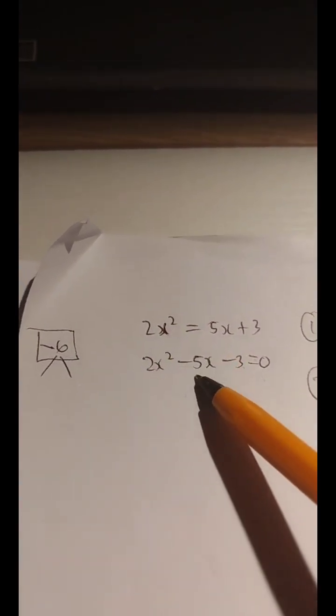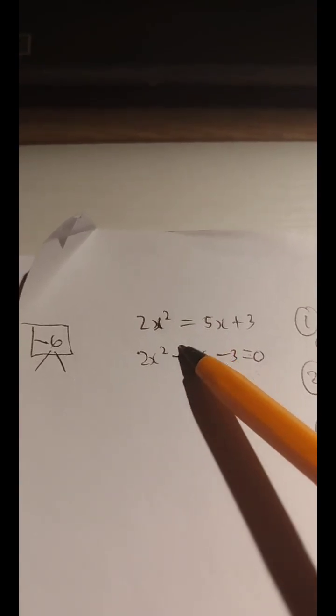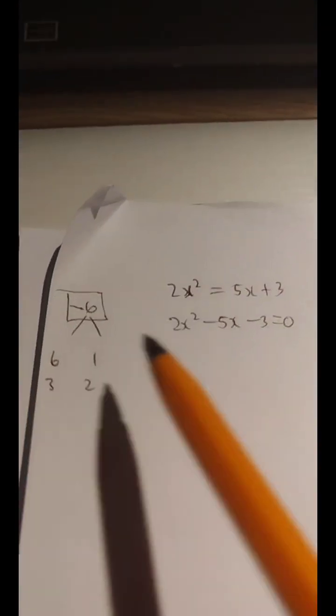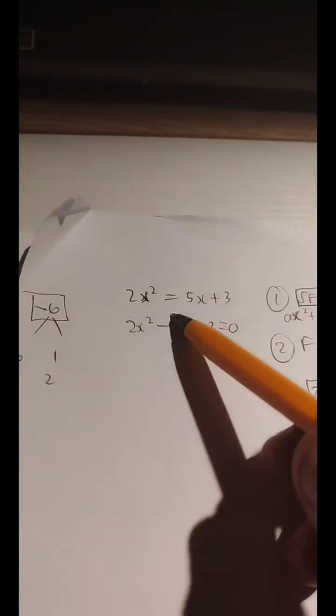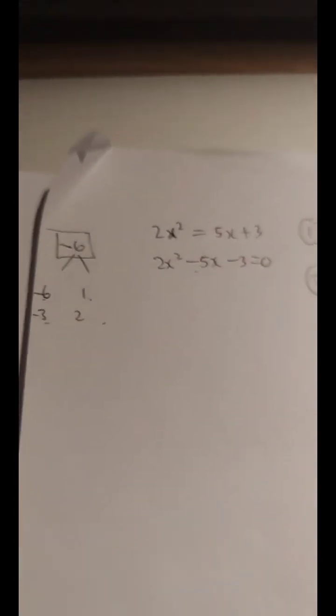What are the factors of negative 6 that will give me a sum of negative 5? The factors of 6 are 6 and 1, and 3 and 2. Where the signs are different, in other words, where the highest factor is negative, we assign negative to 6 for the first pair and to 3 for the second pair.